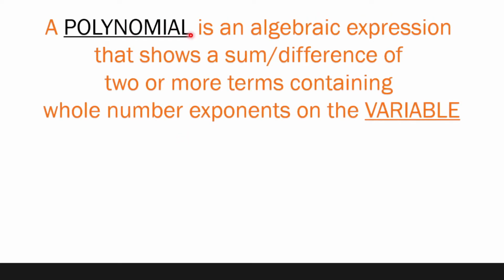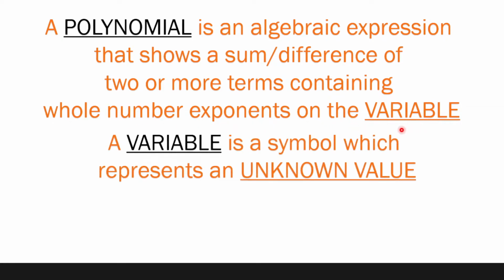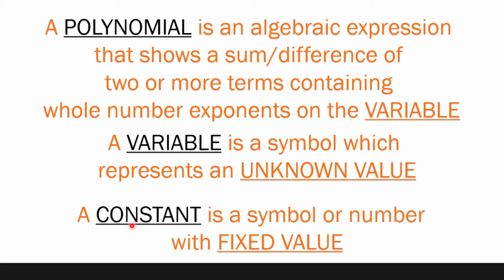Next, a polynomial is an algebraic expression that shows a sum or difference of 2 or more terms containing whole number exponents of the variable. When we say variable, it is a symbol which represents a value. Kadalasan, ito yung literal coefficient o ito yung mga letters. Pag sinabing constant, it is a symbol or a number with fixed value. Sabi constant, yun yun. Okay?